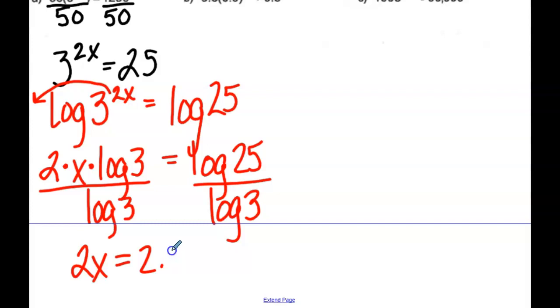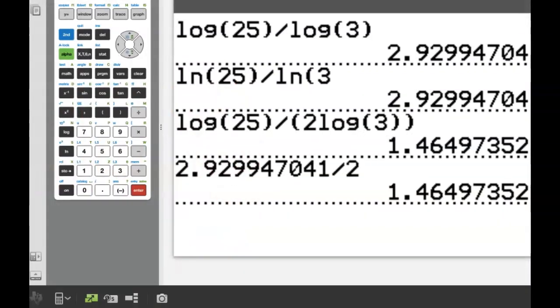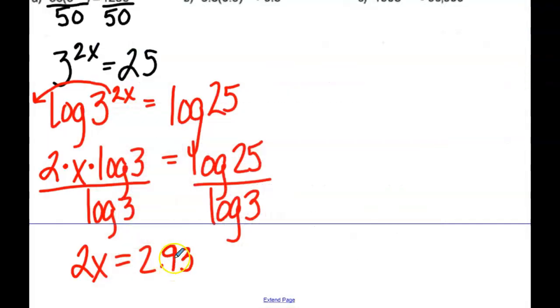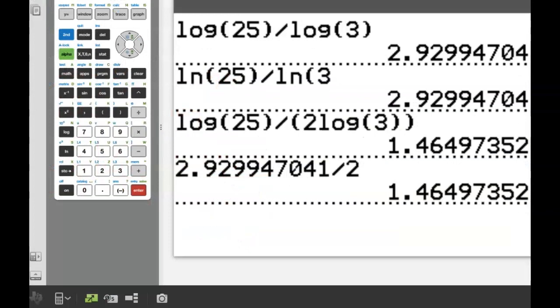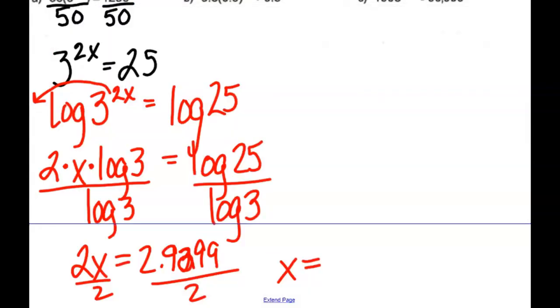This was what, 2.9 something? 2.9299, and then you divide it by 2. But yeah, you would just do it all in your calculator. And then we got 1.465, yes?